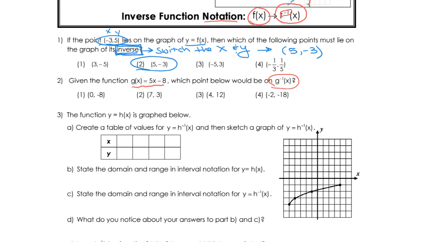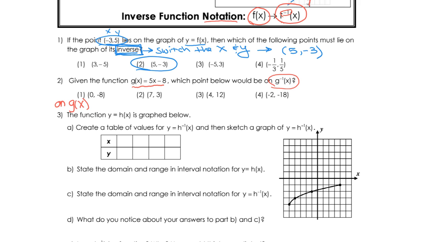Now those are all the points. In the first one, it was easy because they gave us a point. In the second one, they took the point away, but they gave us an equation, which we can get the points from in our calculator. If we look for 0, -8, we're going to realize that 0, -8 is on g of x.